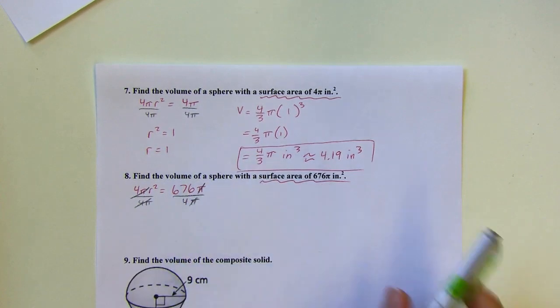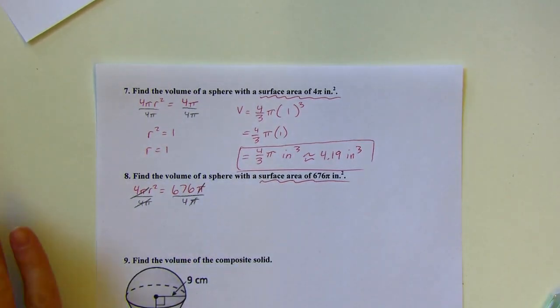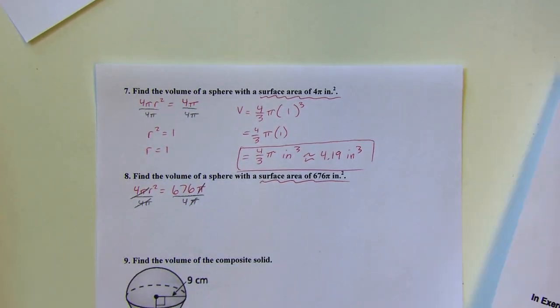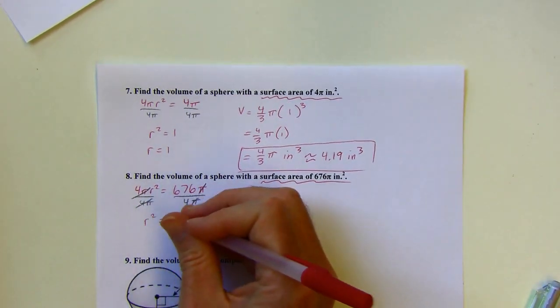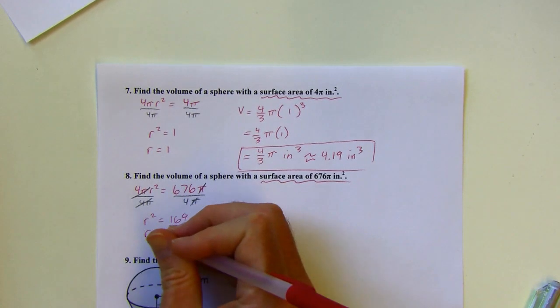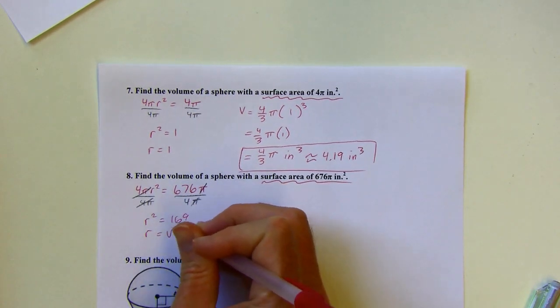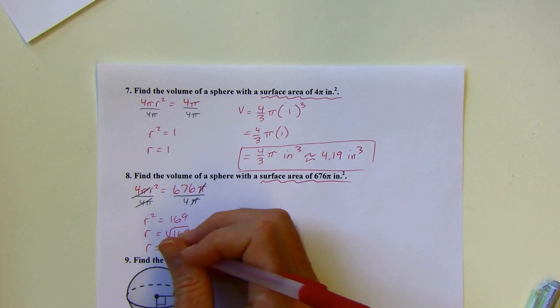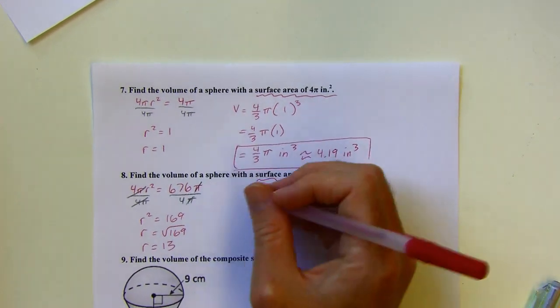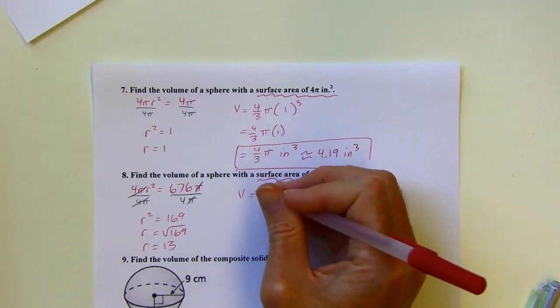Pi's cancel there, so let's see, 676 divided by 4 comes out to 169. Okay, and then I take the square root of both sides, and it just so happens that's going to come out to an even 13. Okay, so my radius is 13, and now I can find the volume.